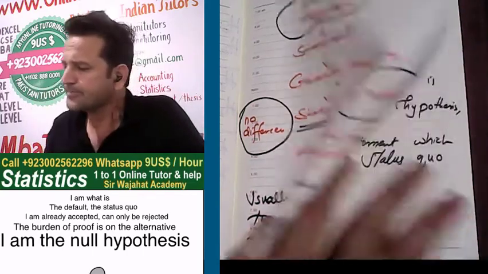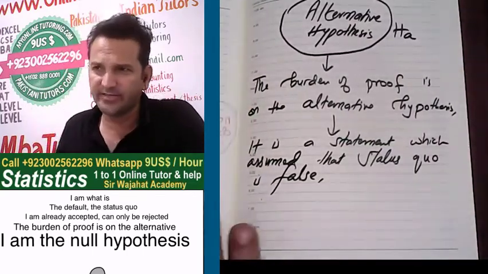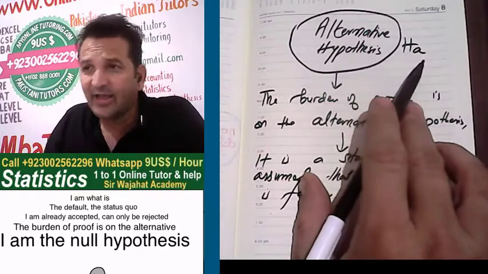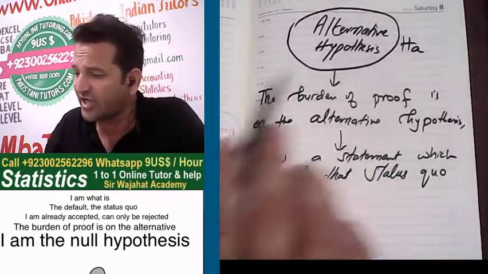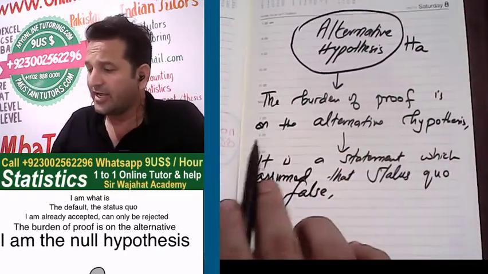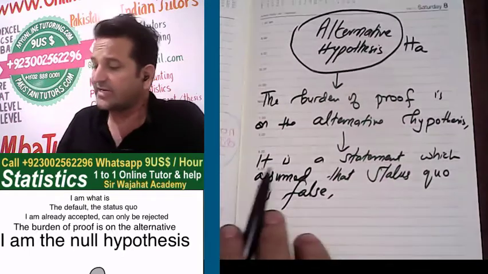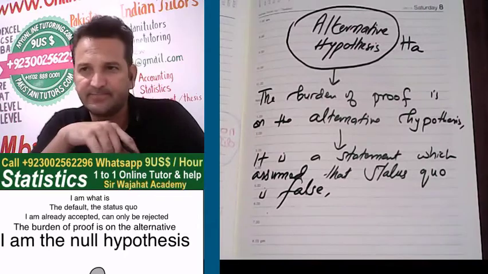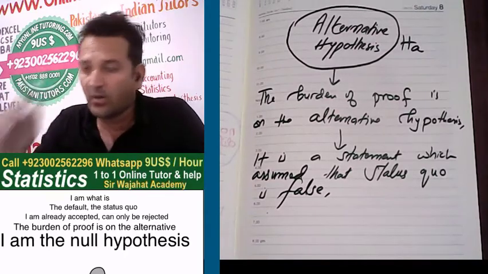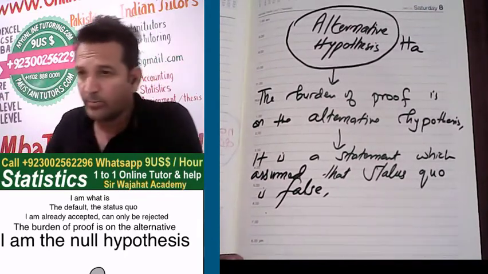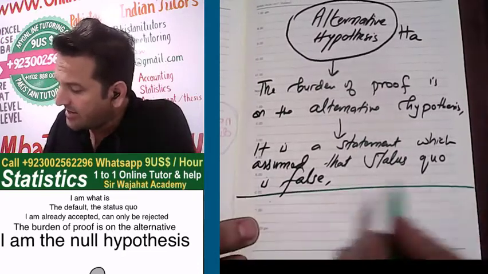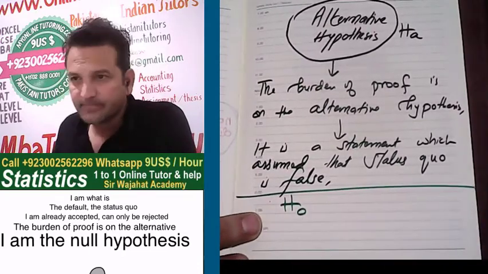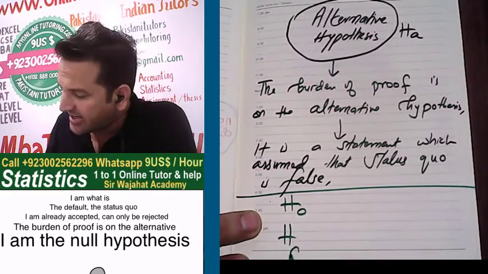Okay, so the alternative hypothesis is denoted by HA. The burden of proof is on the alternative hypothesis. It is a statement which assumes that the status quo is false. So mainly we have H naught and HA.